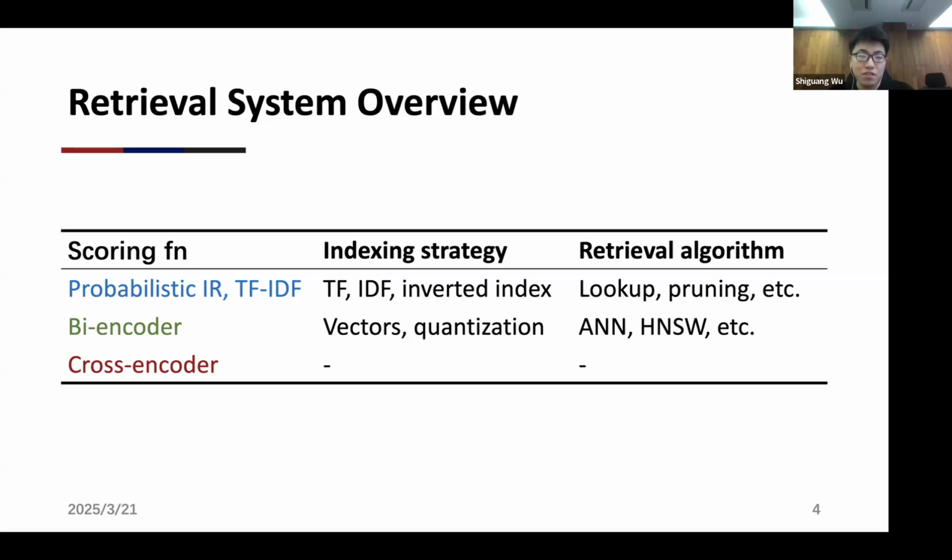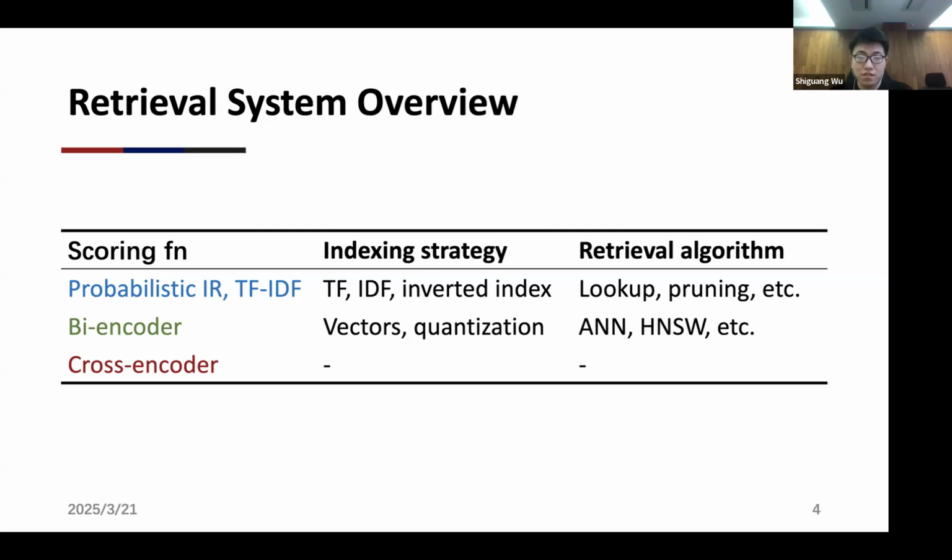Another one is the bi-encoder model, which is dense retrieval. The scoring function is much simpler. It models the relevance by the dot product between two vectors, the query vector and the document vector. The indexing pre-computes and stores these vectors, or maybe you can use various quantization methods to optimize it.